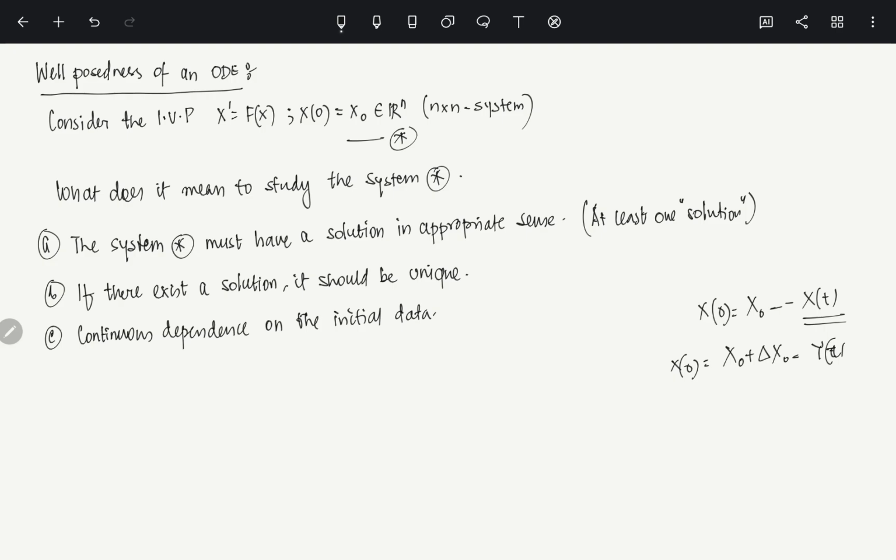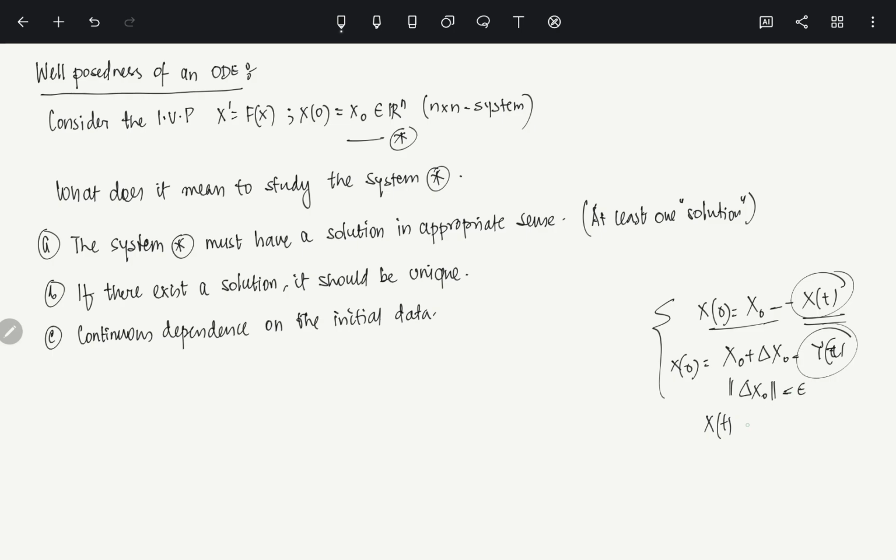Starting from x0, you have x of t, and if you start from x0 plus delta x0, you have y of t. So what do you think is the relation between x of t and y of t? If delta x0 is sufficiently small, in some sense, you expect x of t minus y of t can also be made sufficiently small.